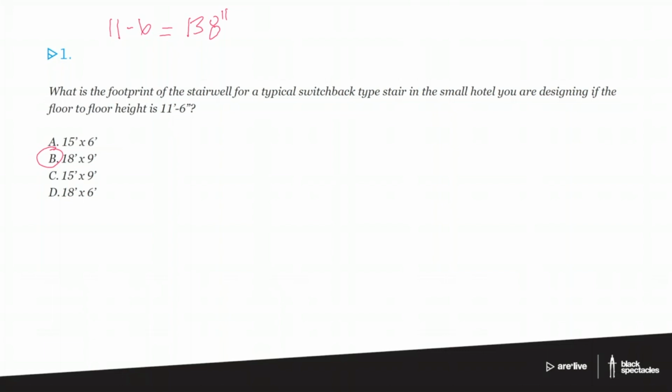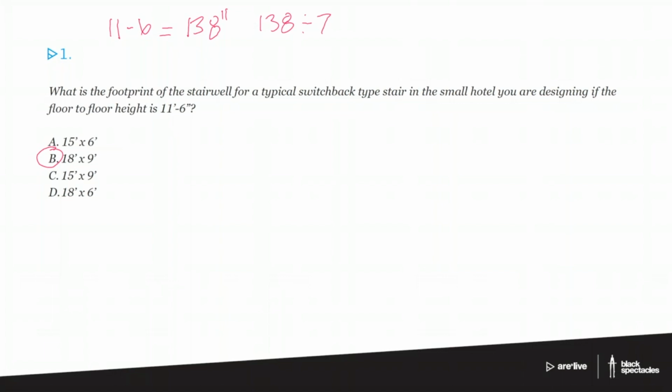If you can't, then what you're looking for here is, well, how do I quickly figure out what the issues are? So in order to understand how big the footprint of the stair is, I'm first going to need to figure out, well, how many steps do I have? So this is why we figured out that 11.6 is equal to 138. So my first step is going to be saying, all right, 138 divided by 7 inches.